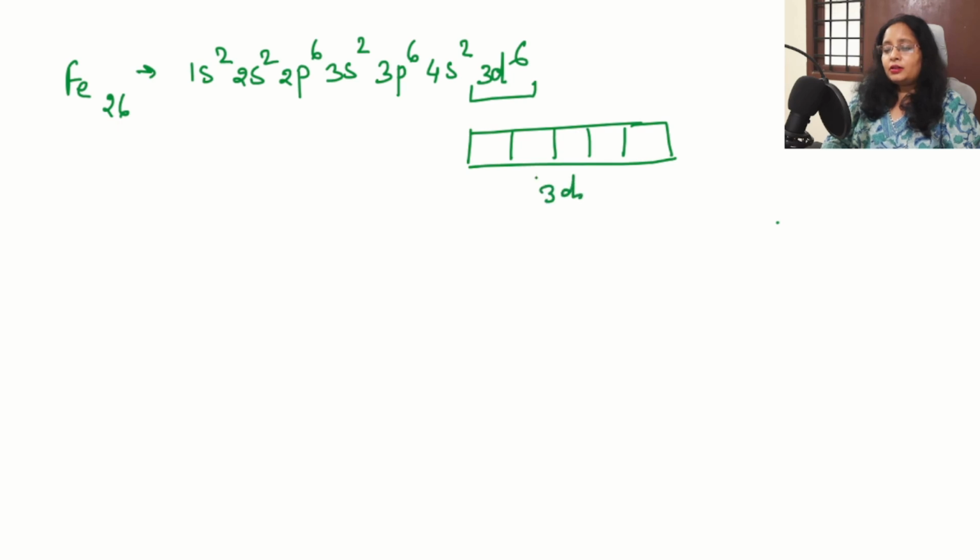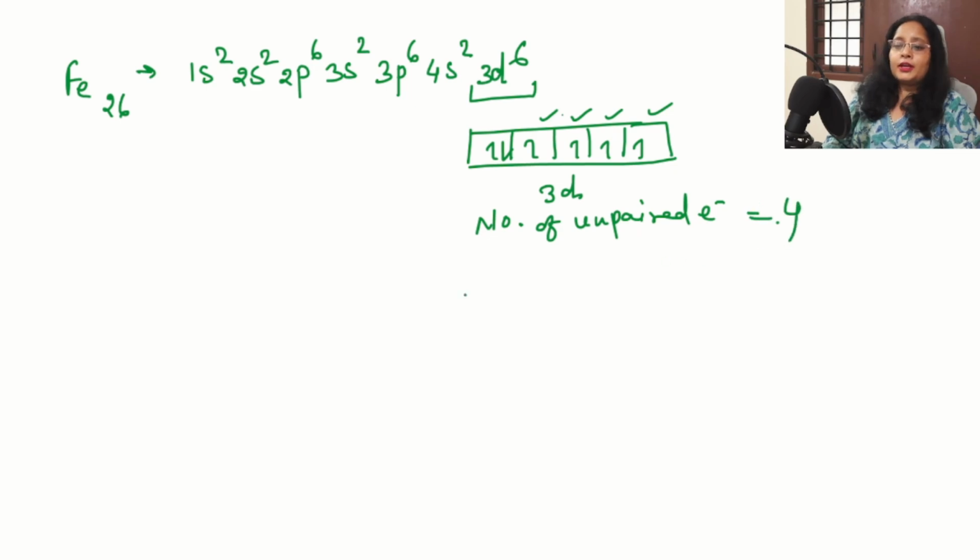This is 3d. So 1, 2, 3, 4, 5 and 6. Here we can see the number of electrons which are unpaired are 4. This and this, 4 electrons. So number of unpaired electrons is equal to 4 in case of iron.